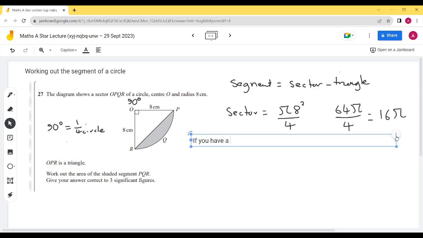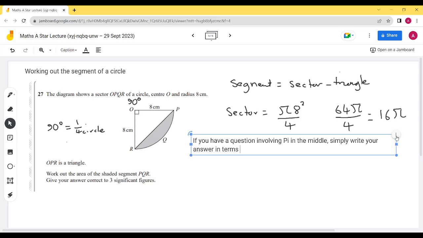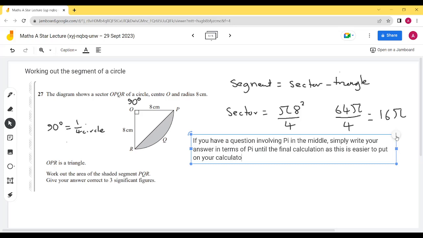So if you have a question involving pi in the middle, simply write your answer in terms of pi until the final calculation, as this is easier to put on your calculator, because when you're doing a later calculation you can just write 16 pi in.